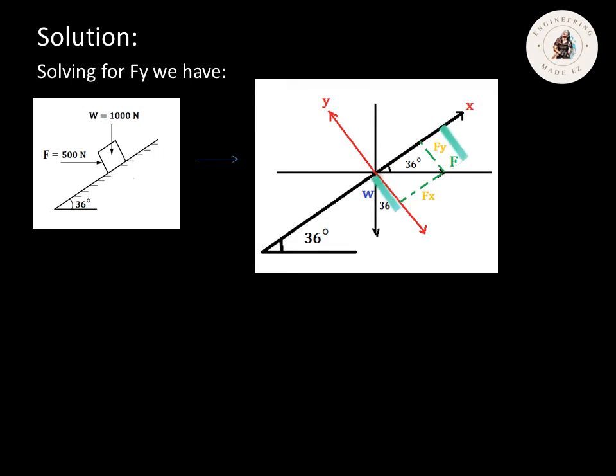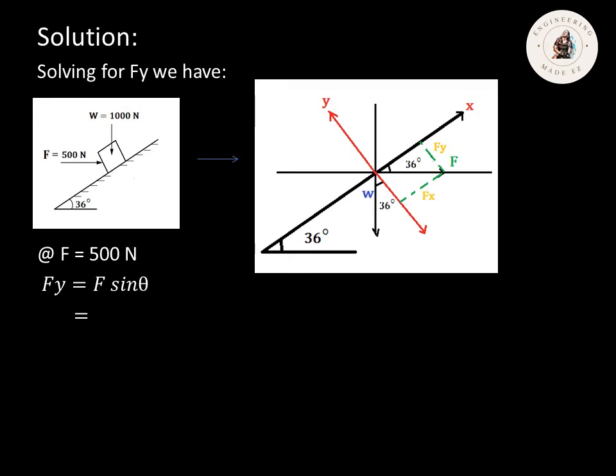Solving for our Fy, as you can see, Fy is at the opposite side of our angle. That's why we're going to use sine theta. So we have Fy is equivalent to F multiplied by sine theta. Take note that our F is given to be 500 Newton and our theta is equivalent to 36.